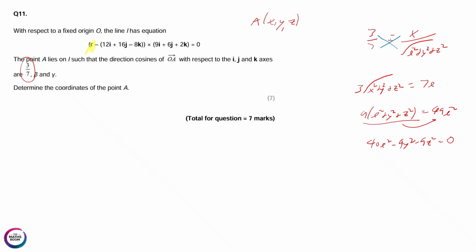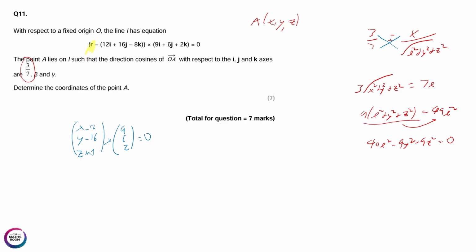So I know x minus 12, y minus 16, and z plus 8, if I cross that with the vector 9, 6, 2, has to give me 0.